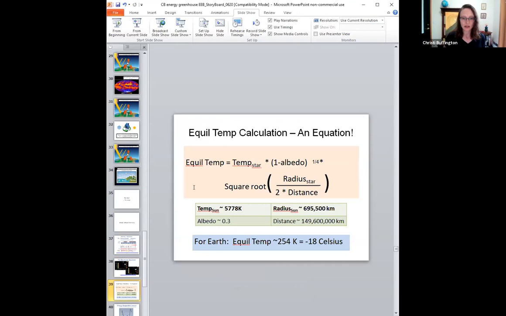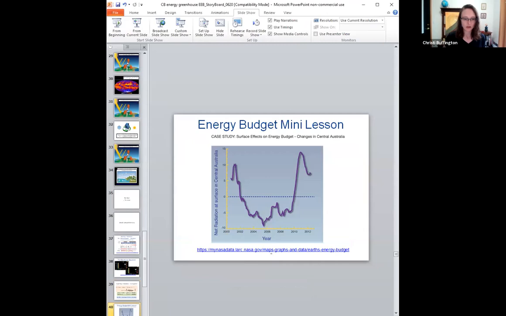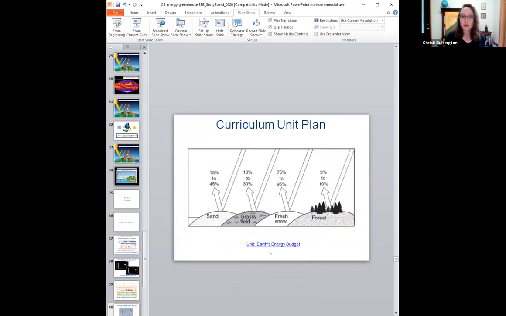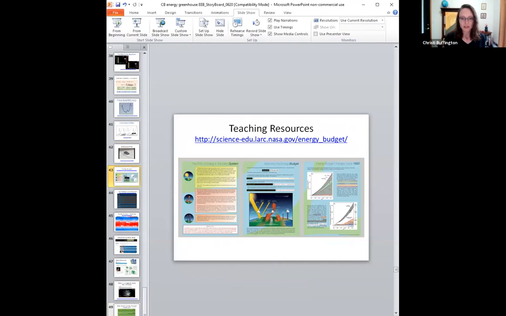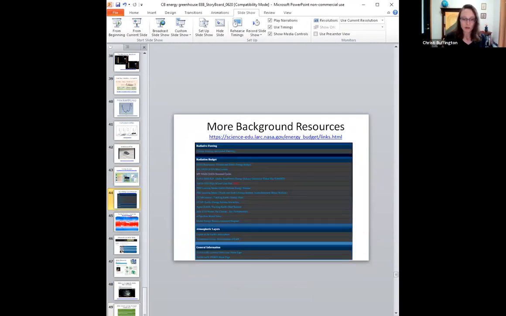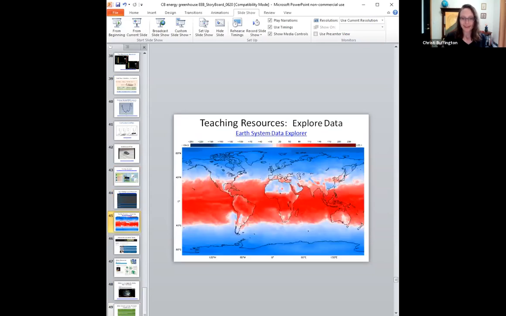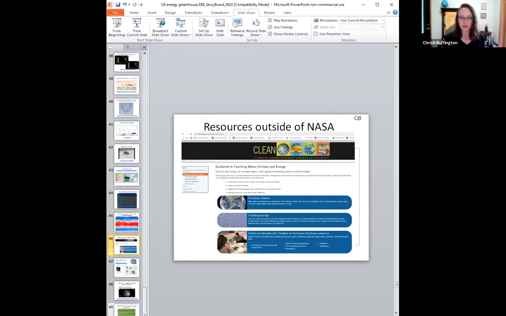He has an equation that you can use for putting in the albedo, the reflectivity of the Earth, and figuring out what the temperature would be. He has energy budget lessons, an entire unit plan, a greenhouse effect video, additional NASA teaching resources, more background resources for your own learning, how to use actual NASA data to have your students explore NASA data and visualize it.